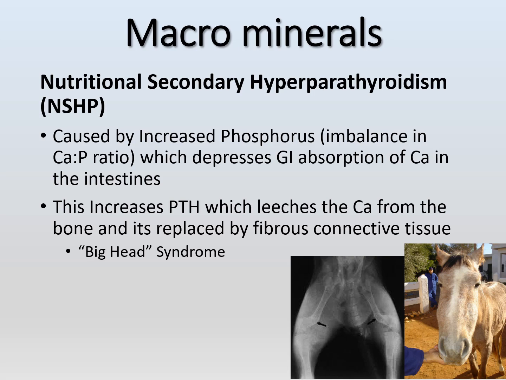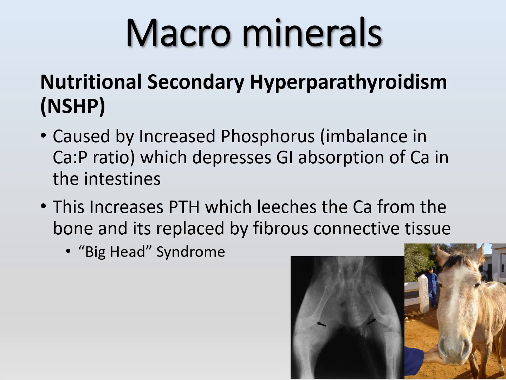And so what we now know that happens with a decrease in calcium is that our parathyroid hormone is going to increase, right? To try to increase that calcium level. So if we increase that parathyroid hormone, we're going to leach that calcium from the bone, which is then replaced by fibrous connective tissue. We do see this in horses and some other animals as well.